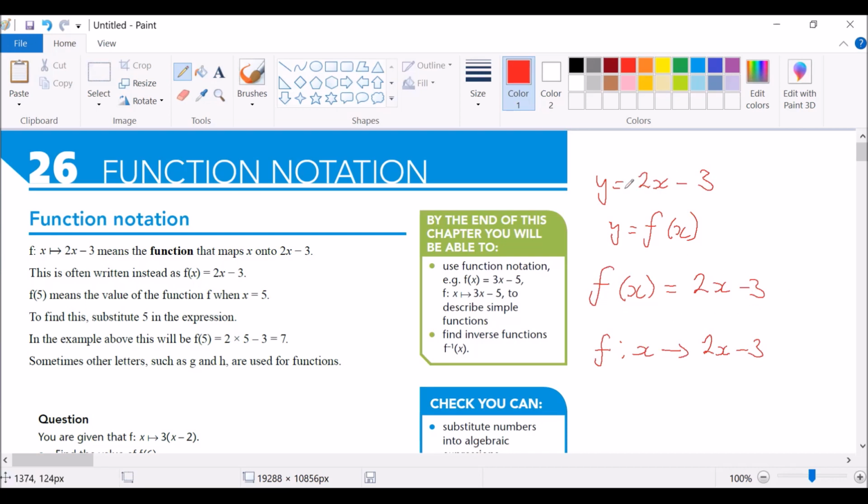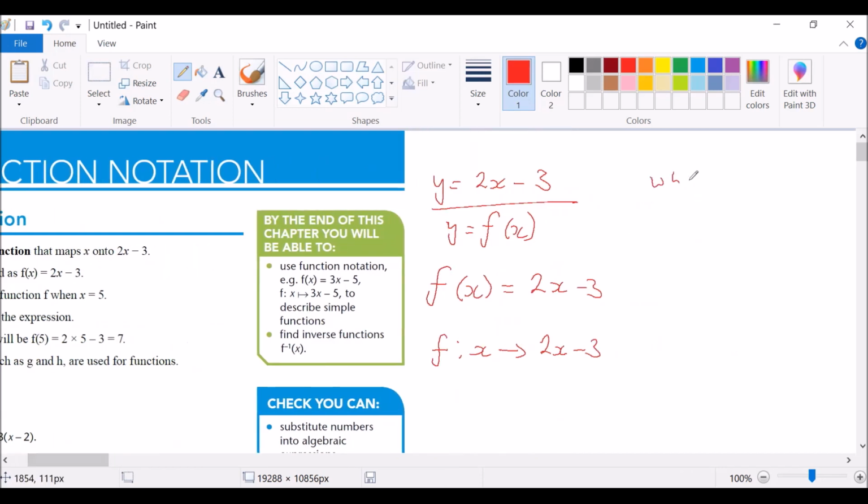When we are plotting graphs in this way, we usually say when x is equal to 2, y is equal to 2 times 2 minus 3. When x is equal to 4, y is equal to 2 times 4 minus 3. Then we get our answers, which we will use in our table of values. But function notation gives us a shortened way of doing it.